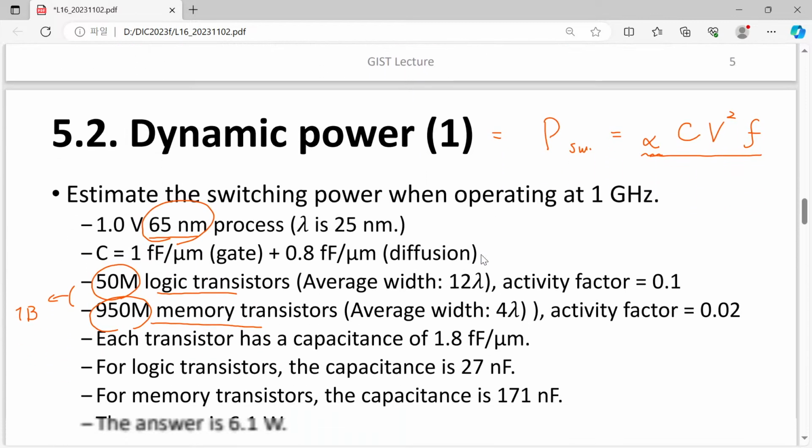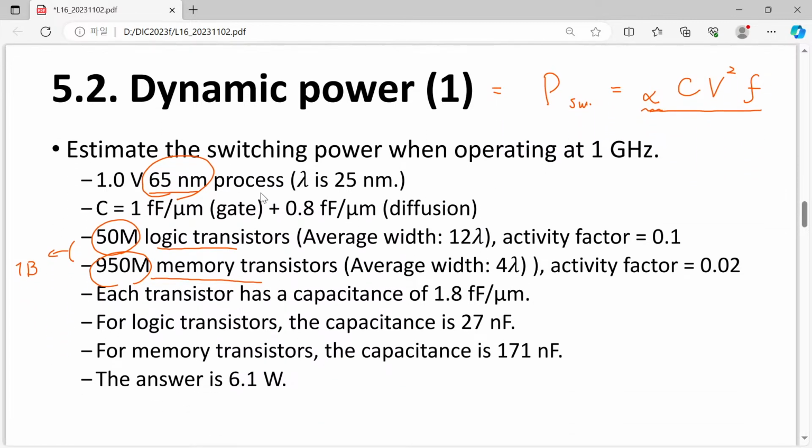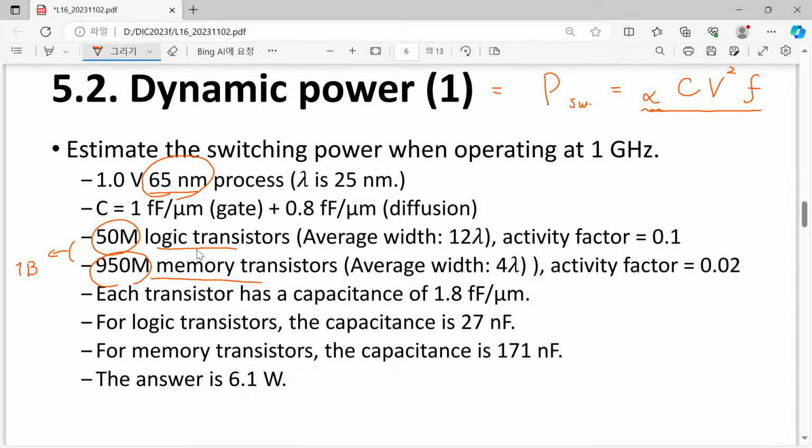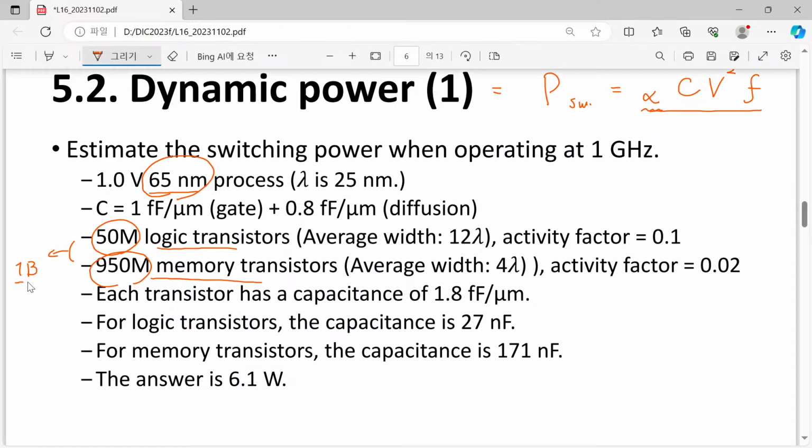So in terms of power consumption, please have a look at this one once again. Now we have just a 1 billion transistor system, and in this 65 nanometer process, the basic unit of design rule lambda is 25 nanometer, and the average width of our logic transistor is 12 lambda.